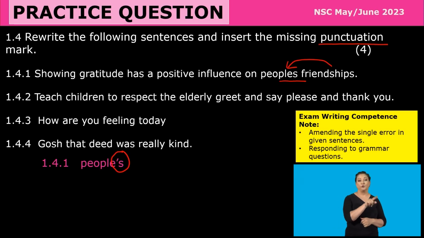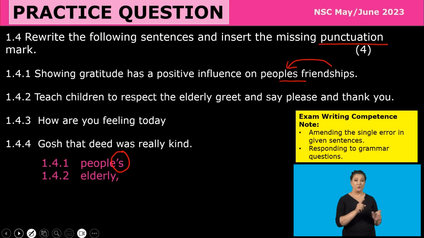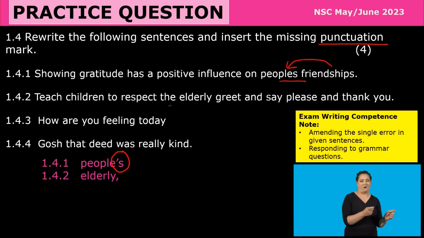In 1.4.2, teach children to respect the elderly, greet and say please and thank you. And in our response, we see we need a comma after the word elderly, which we're going to insert there. And why is that? Because can you see that this is one part of the sentence and then we have a follow-up part after the comma, all right?